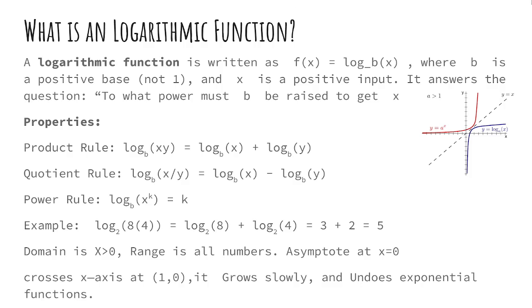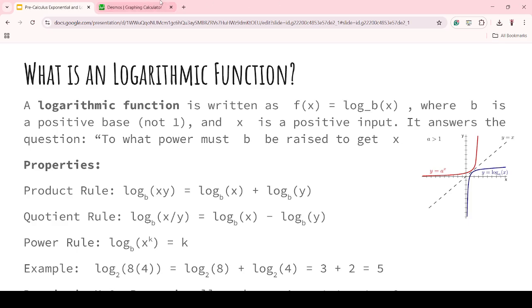As you see on this graph right here, this is an exponential function, y equals a to the power of x, and this is a logarithmic function, y is equal to log subscript a of x. These both mirror each other, and that is how they are inverse functions. So let's go ahead and try and see what we can get to mirror each other.